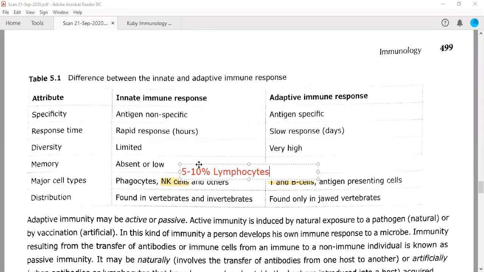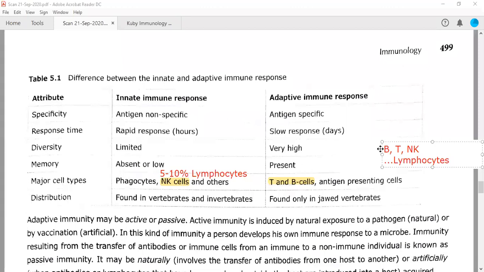Why am I writing it? Because the natural killer cells are only 5 to 10% of lymphocytes. Now see the terminologies, there are differences. First we discussed that natural killer cells are one of B, T, and NK, so together they are called lymphocytes.